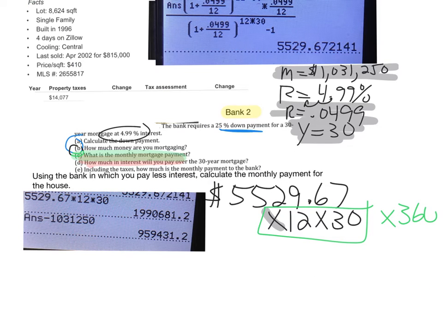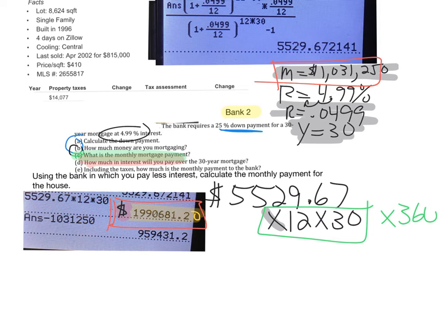So you're going to be paying the bank back if you decide to go with offer two, $1,990,681.20. But again, that's not the interest. That's how much you're paying the bank back. You're mortgaging $1,031,250.